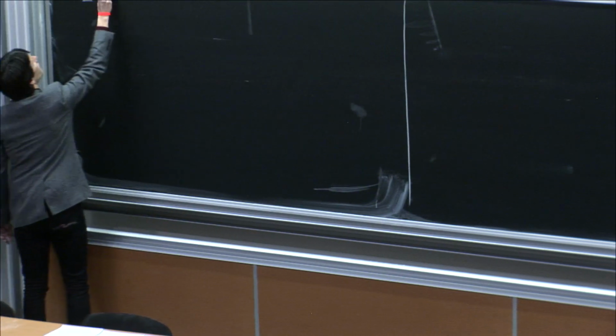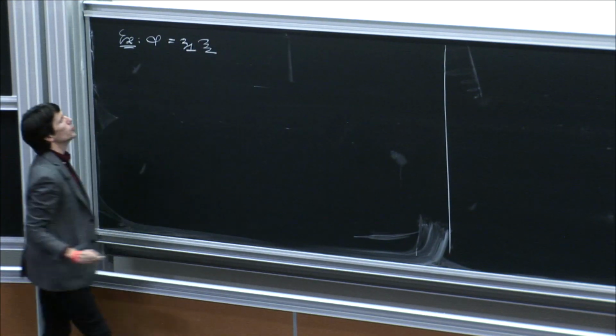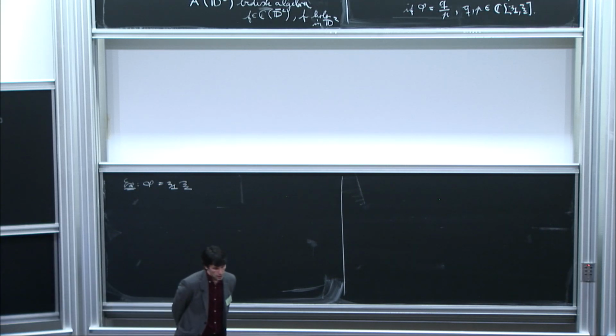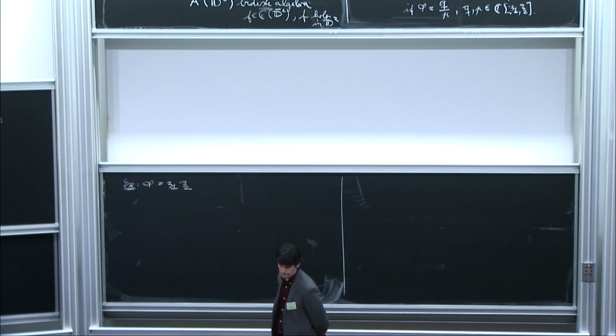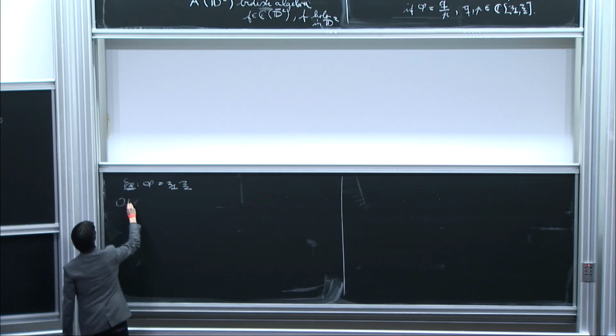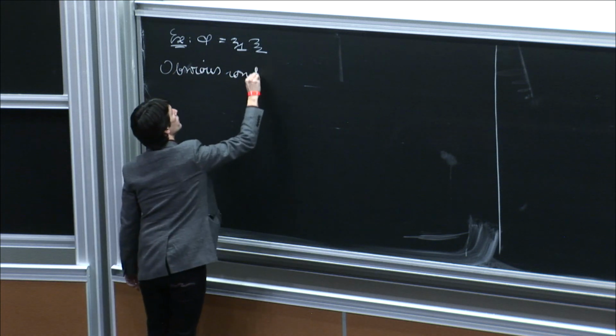So let me just give you an example of a rational inner function. The monomial z1 times z2 is a rational inner function. Okay. So you might ask, how do we build such objects?